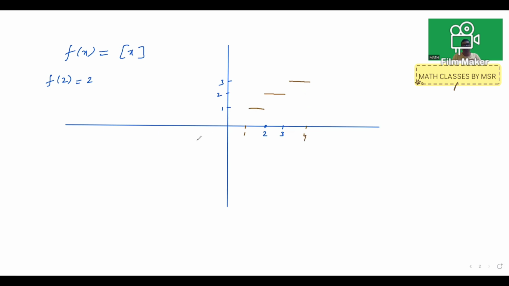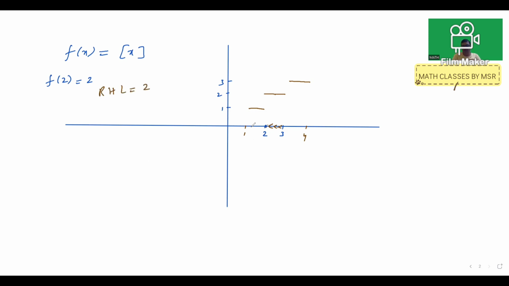We know the graph of the integral part of x. Now if you observe, when x is approaching 2 from the right, the value of the function is 2, which means the right hand limit is 2.